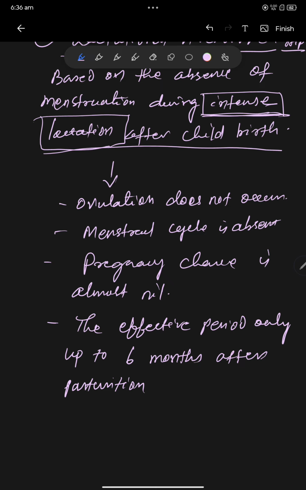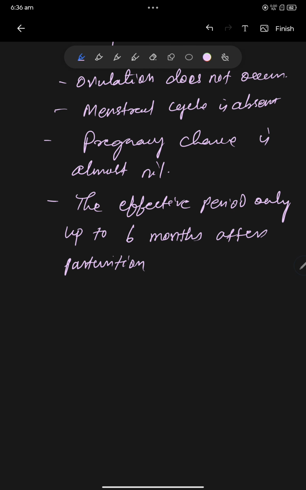A healthy mother can lactate intensely up to 6 months only, but it varies, because if the mother is not healthy, the intense lactation may stop after 1 month or 2 months. So the chance of failure of this contraception is there.